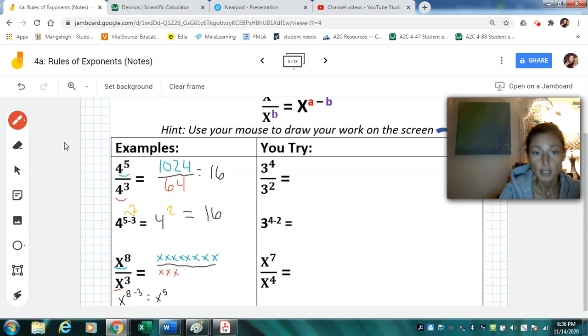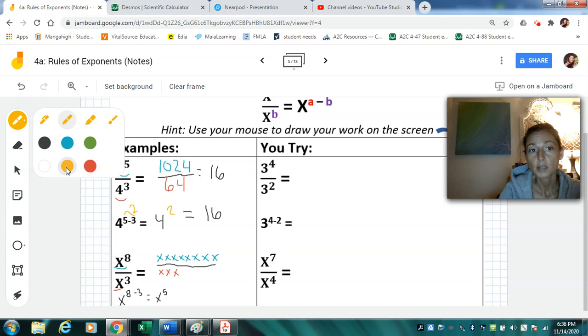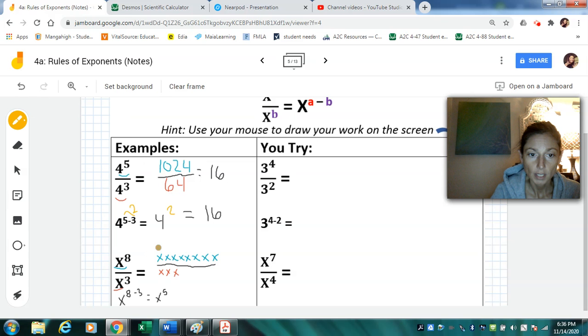What happens here is if I were to then cross out x's that have one on the top, one on the bottom, so they divide by themselves, cancel out. So cancel out those, and those. What I'm left with here is x to the 5th. And so you're essentially canceling those out there.